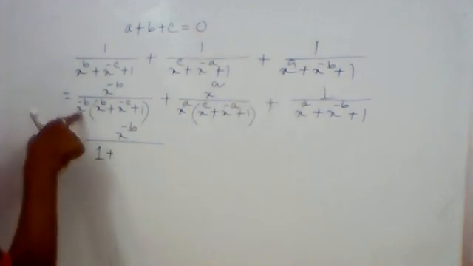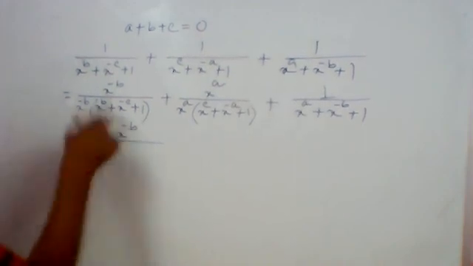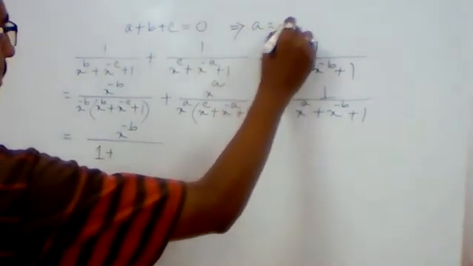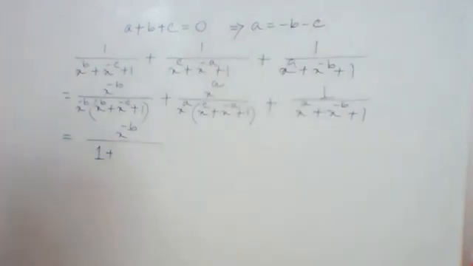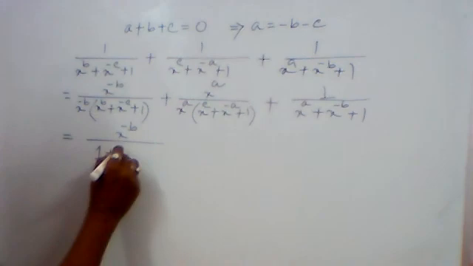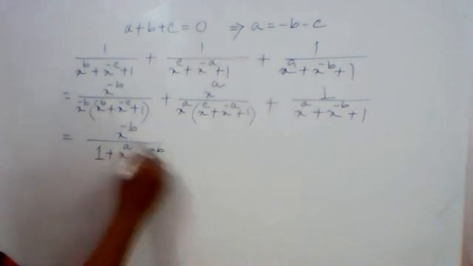Plus second one, x to the power minus b minus c. So we can write a is equal to minus b minus c, right? So we can substitute in place of this x to the power a, plus it is simple multiplication x to the power minus.